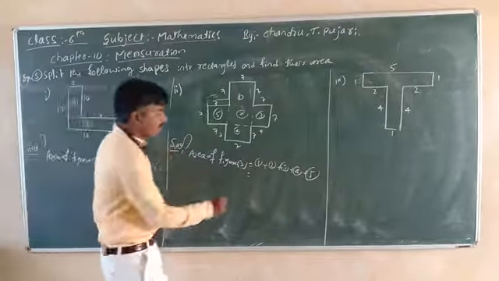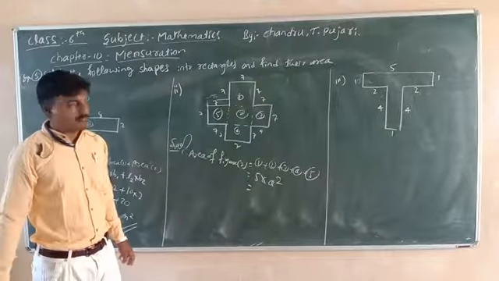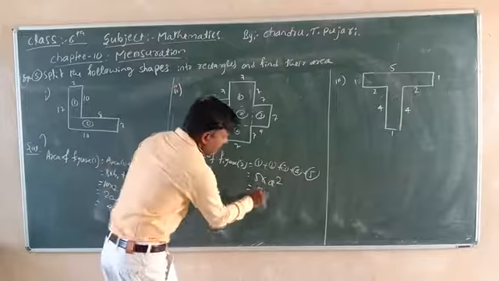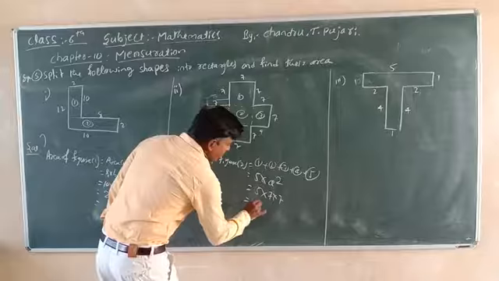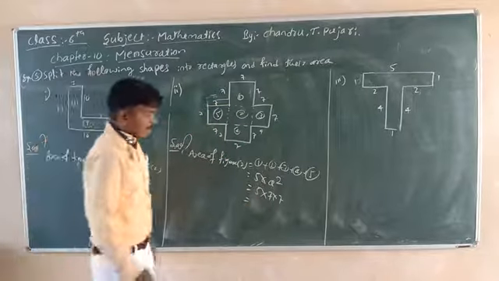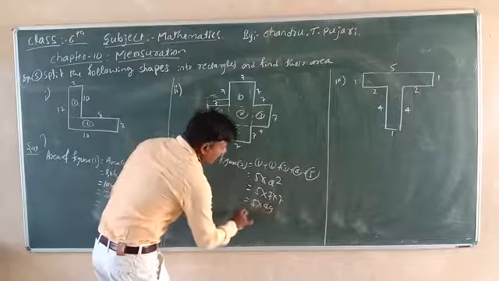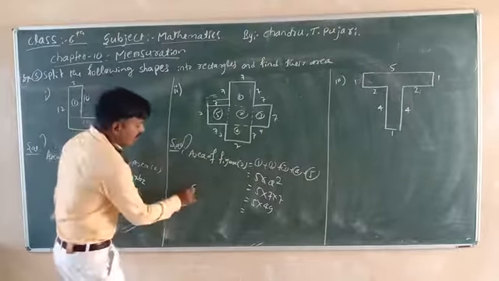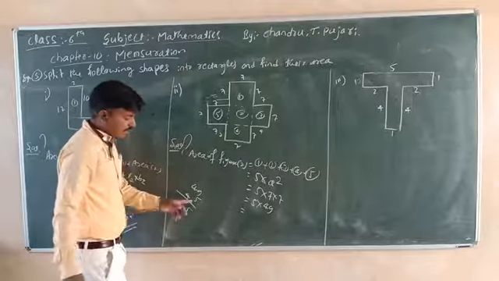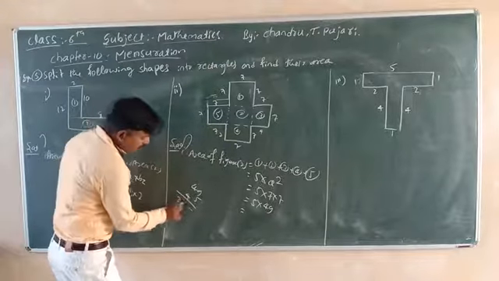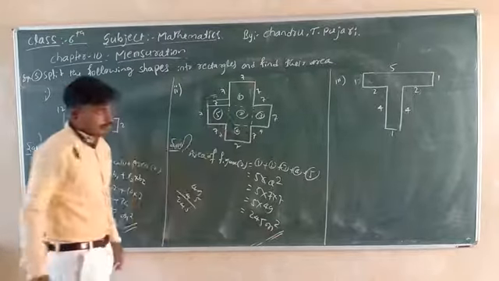Therefore, 5 into a square, where 5 diagrams are there and the side is 7. So 5 into 7 squared, that is 49. Then 49 into 5: 5 nines are 45, 5 fours are 20, and 20 plus 4 is 24, so the answer is 245 meter square for the second figure.